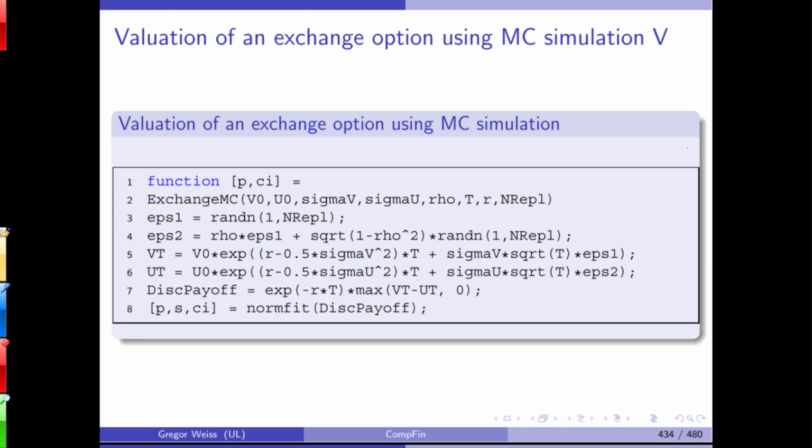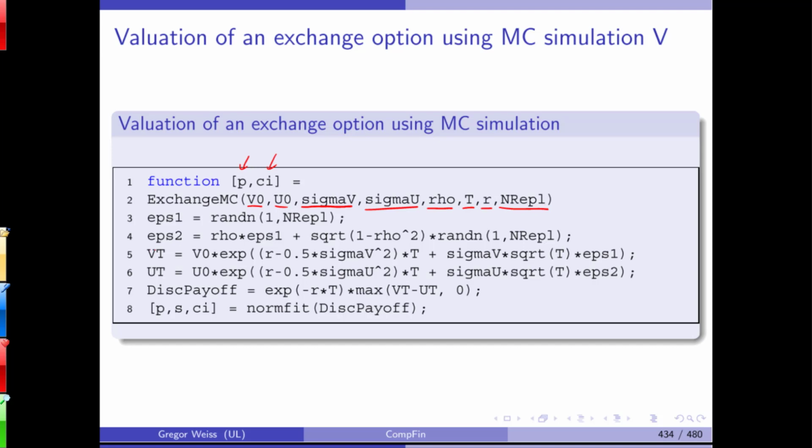And this is the MATLAB code. As an output, we get a price and actually a confidence interval. We call it exchange MC. As input parameters, we have the current stock price of V, the current stock price of U, the volatility of V and U, the correlation rho, T, the risk-free rate, and the number of replications we use to price it via Monte Carlo simulation.